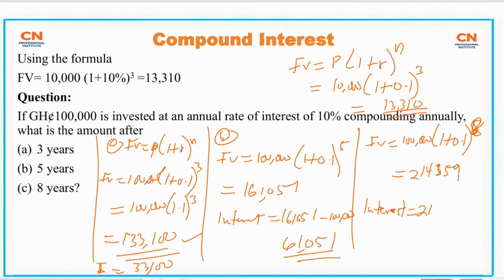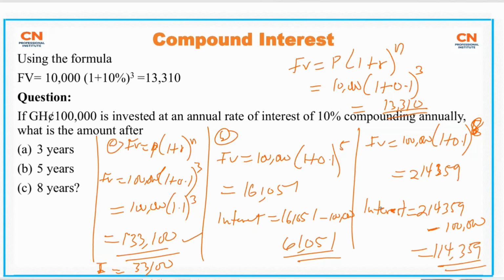So the interest will be 214,359 minus the 100,000. The difference between the two becomes the interest, which I'm getting as 114,359.